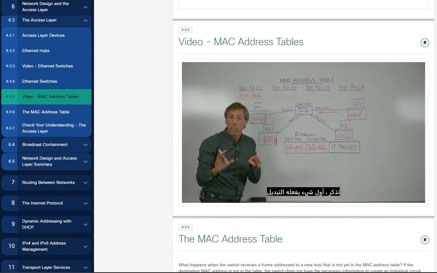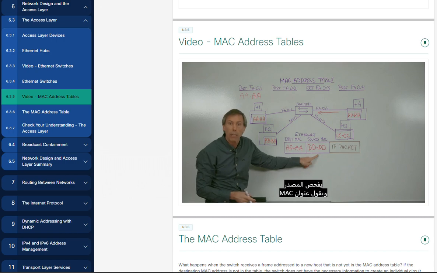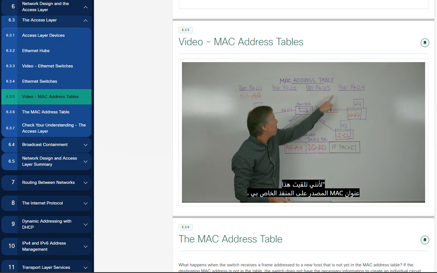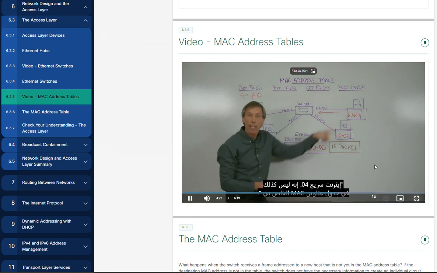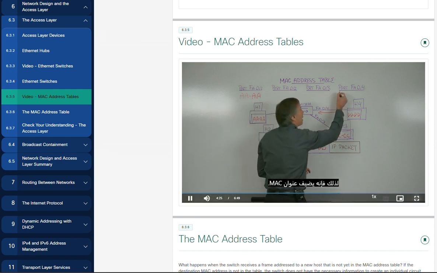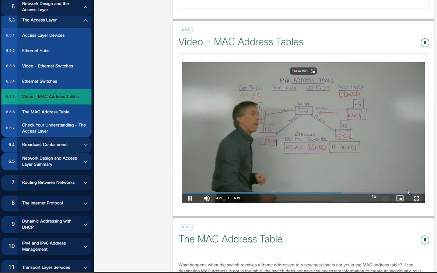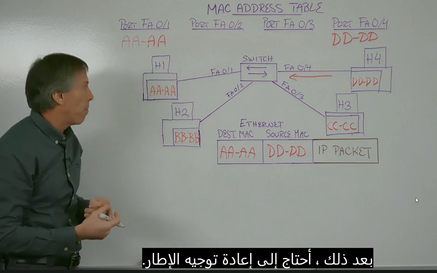Remember, the first thing a switch does, it wants to learn. It examines the source MAC address and says, have I learned anything new? I've received this source MAC address on my port FastEthernet 0/4. It's not in my MAC address table. So it adds the MAC address. Next, it says, I need to forward the frame.